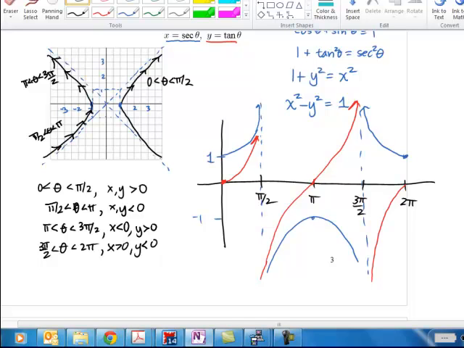The points on the graph are in quadrant 4, and we're getting closer to the point 1, 0 as we get closer to 2 pi for theta, so we're moving in that direction. So it's a hyperbola, but it's traced out in kind of a strange way. We go along this way, and then back across over here and up, and then back here to get back to the starting point.